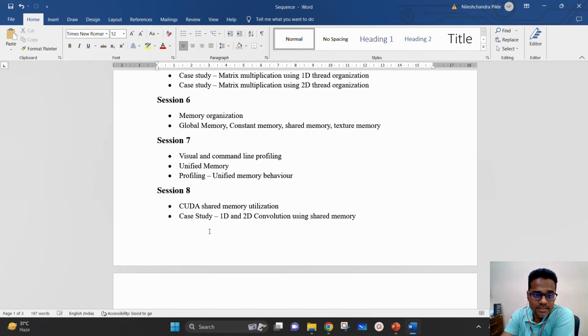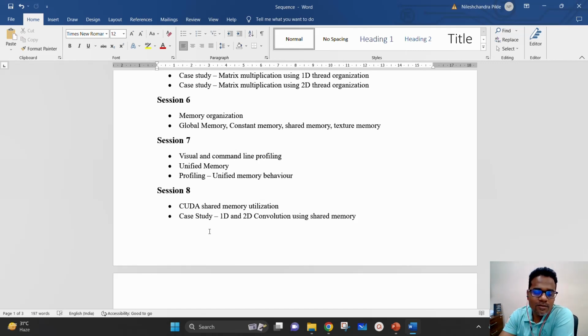We'll try to understand the behavior of unified memory, and for that we'll also use command line and visual profiling. Unified memory is a very important concept introduced after CUDA version 6.0, where we get the illusion as a programmer that there is no distinct memory between CPU and GPU, and we can access the memory from the CPU as well as the GPU without explicit data transfer.